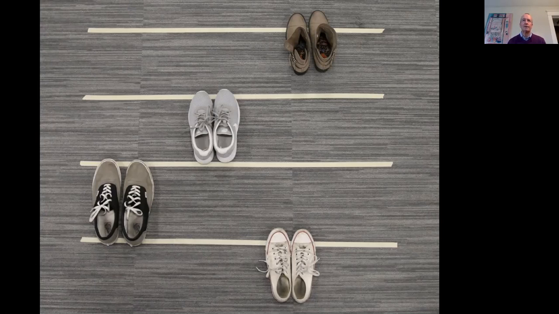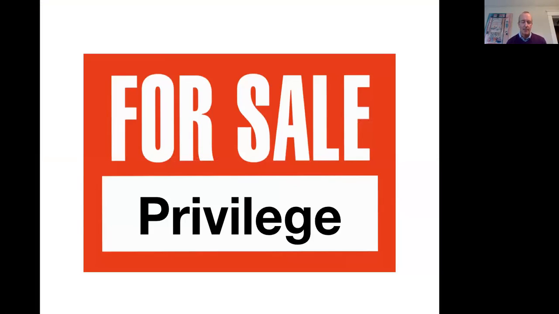So I have come to use a different exercise developed by Meg Bolger, which I first discovered in the Social Justice Toolbox, which she calls Privilege for Sale.